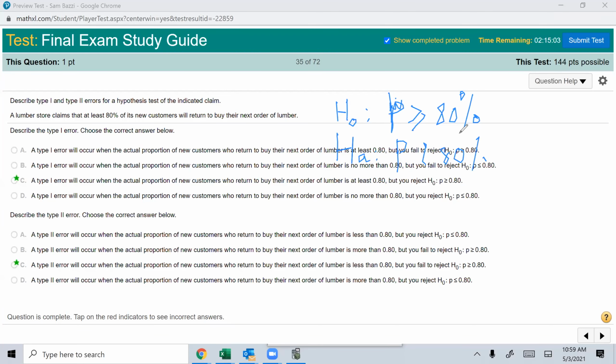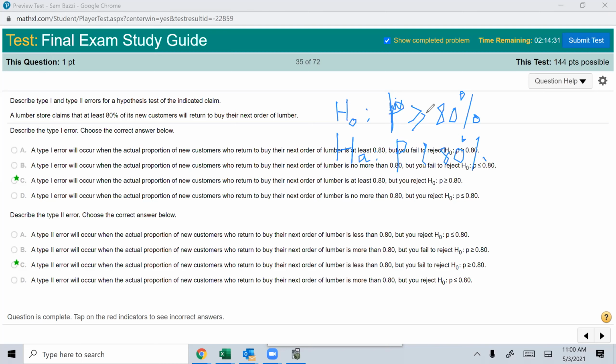Okay. What's a type 1 error? When you reject H0 when it is true, that means at least 80% of the customers are going to return, but you reject this statement. A type 1 error occurs when the actual proportion of new customers is at least 80%, but you reject it. Just this is the definition. What would be a type 2 error?